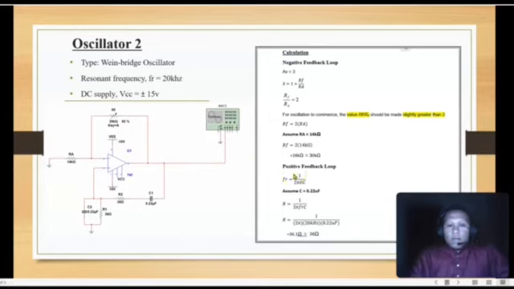For the positive feedback loop, FR equal to 1 per 2 pi multiply RC. We assume the value of the capacitor is 0.22 microfarad.